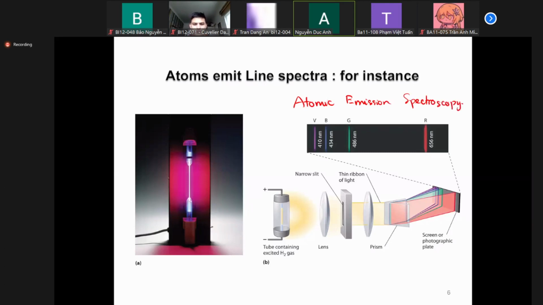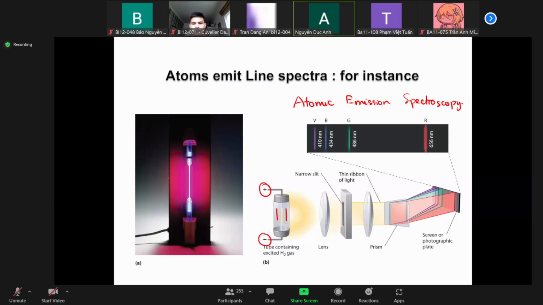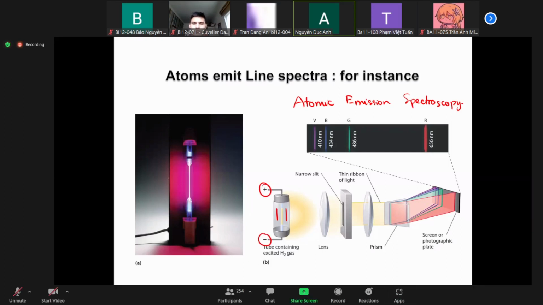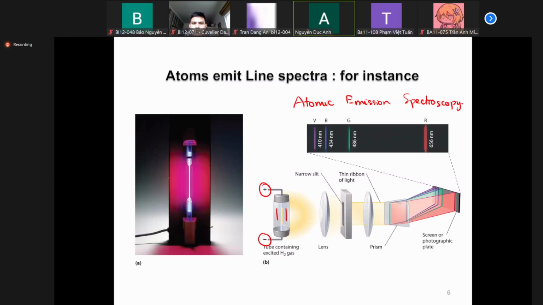This one, actually, is not really burning in this case. This one is hydrogen gas inside the container here, and you excite it. In this case, normally we excite it by a very high potential difference between these 2 electrodes. When you excite the hydrogen like that, the hydrogen will generate some wavelengths, some photons go out.